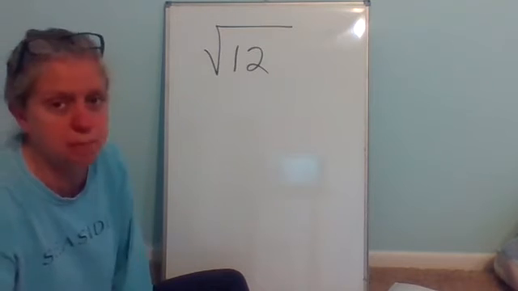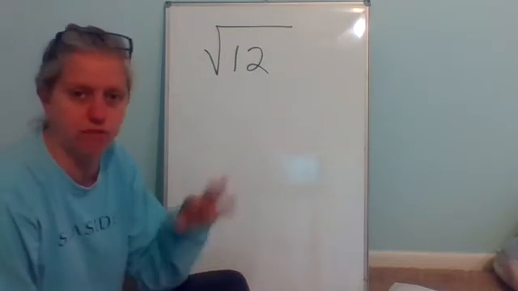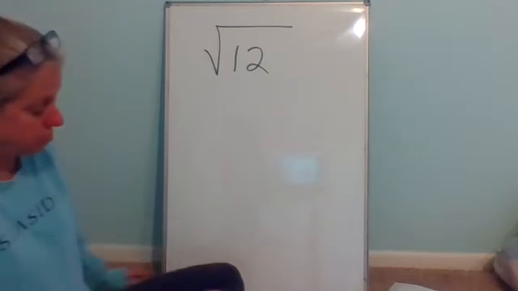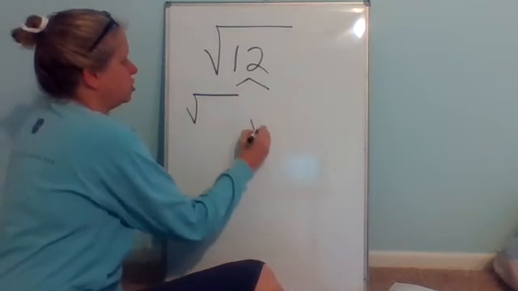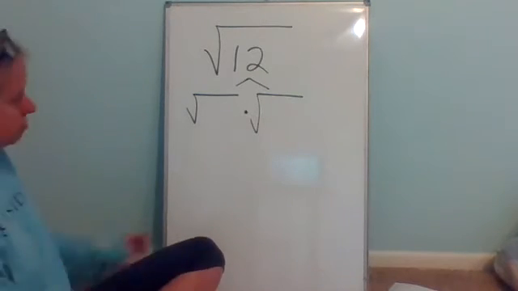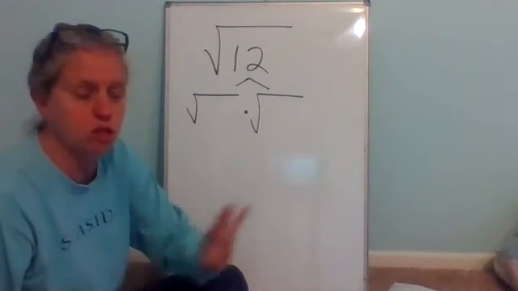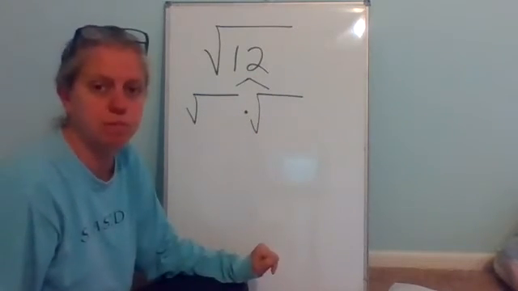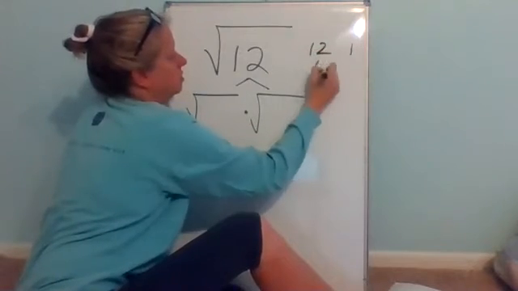But I can still simplify this. It's not going to want a decimal answer from putting it in your calculator. When you simplify this, you're going to break it into 2 square roots that are multiplied together. The 2 numbers have to do 2 things. They have to multiply to 12. So let's write the ways to multiply to 12.